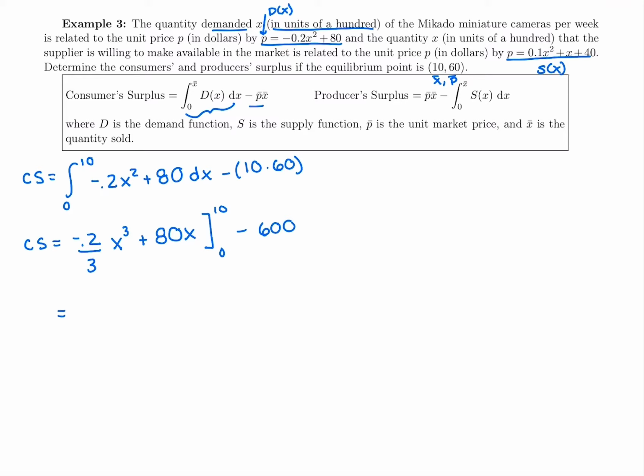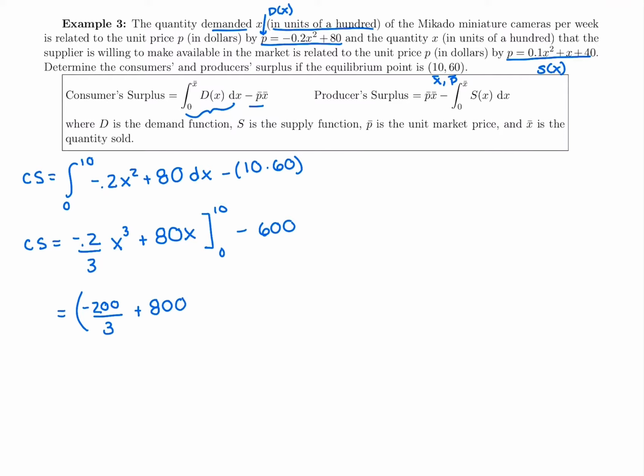So to start with, I'm going to do that negative 0.2 over 3 in parentheses times 10 cubed, which is going to give me a decimal that keeps going. I want to remember not to round anything until the very end. So I'm going to just write it as negative 200 over 3 plus 80 times 10 is 800.